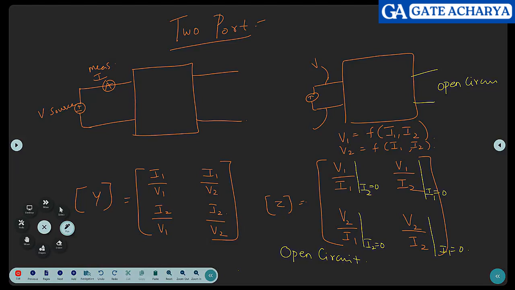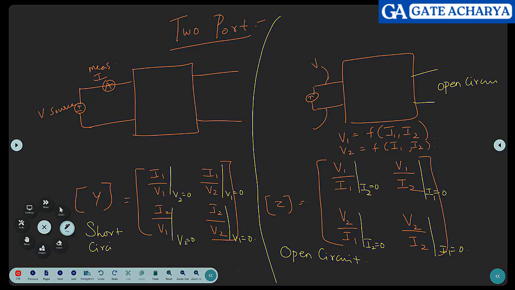And the Y matrix is short circuit modeling, because you short circuit to silence the other.